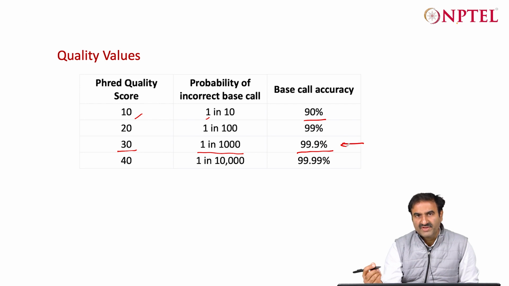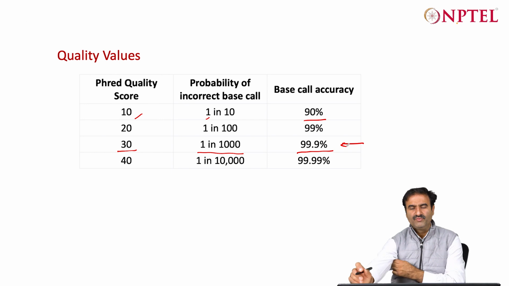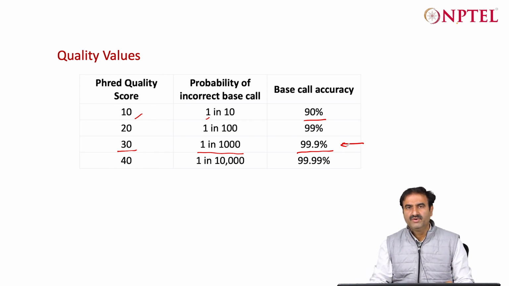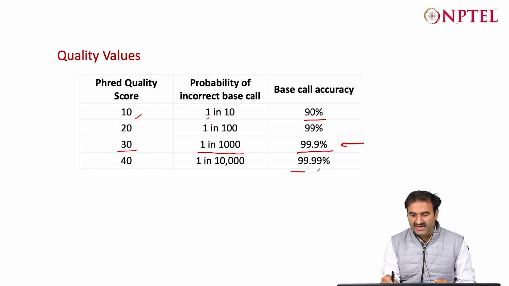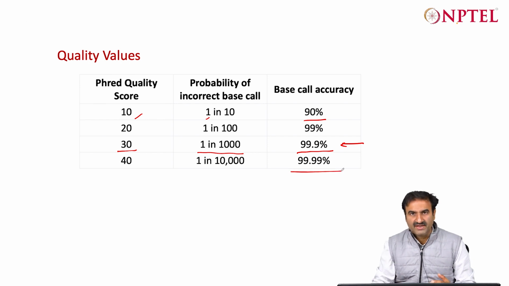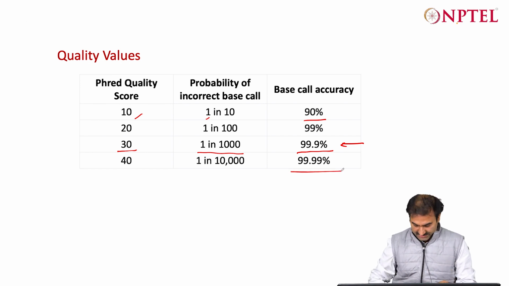Generally we use this strict threshold. You can go for higher Phred scores also, but Phred score 30 is one of the standards we use, because otherwise you will be losing a lot of data. But if you really know that your data quality is very good, and even at this level you are not losing much data, then you can go for a higher Phred score.